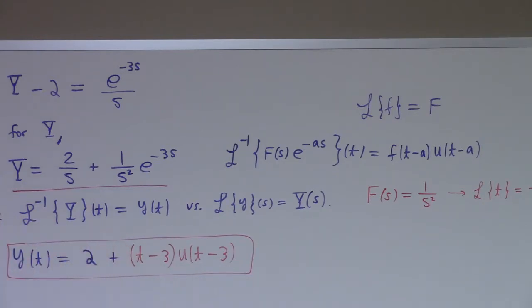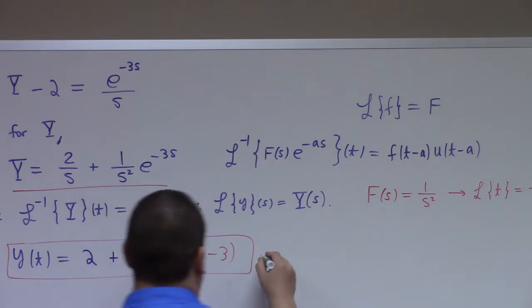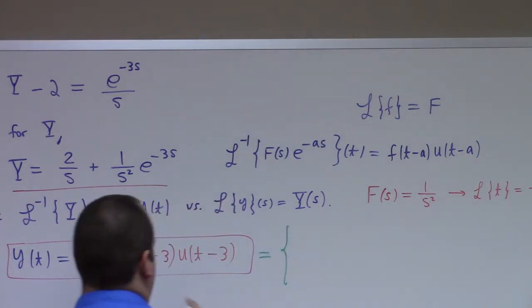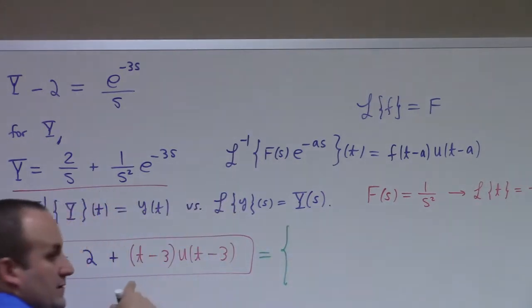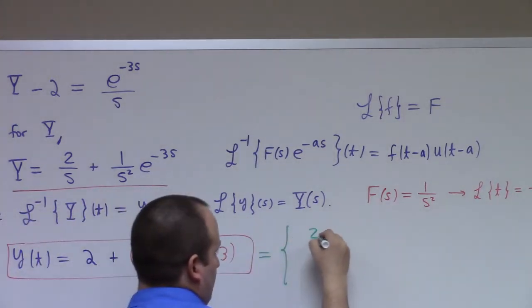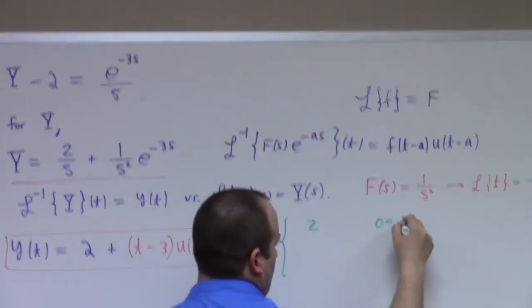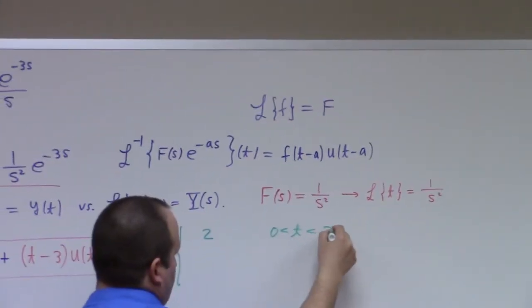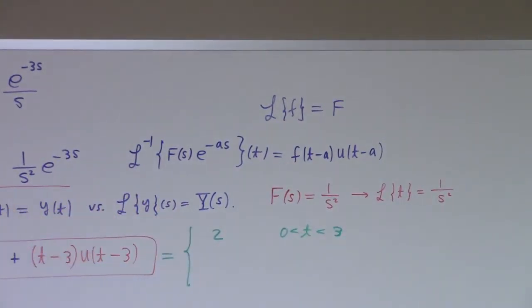No breaking into cases. That's cool. And of course, we can take that and break back into cases, right? What does this give us? If you have t less than 3, this is 0, so you get 2. The Laplace transform assumes, at least the way it's set up here, that the domain of functions starts at 0.